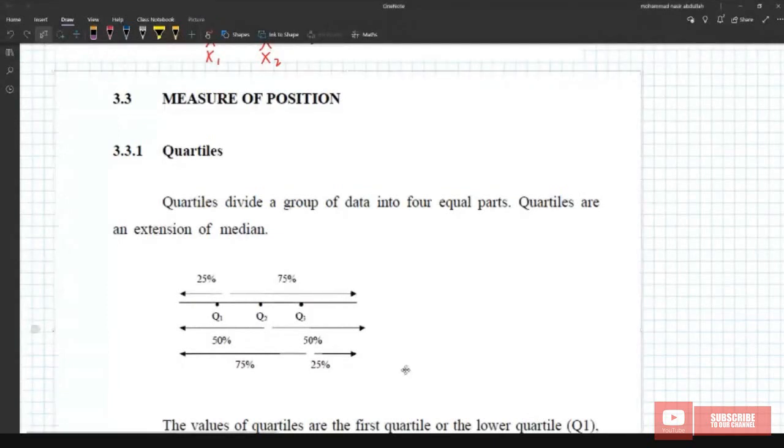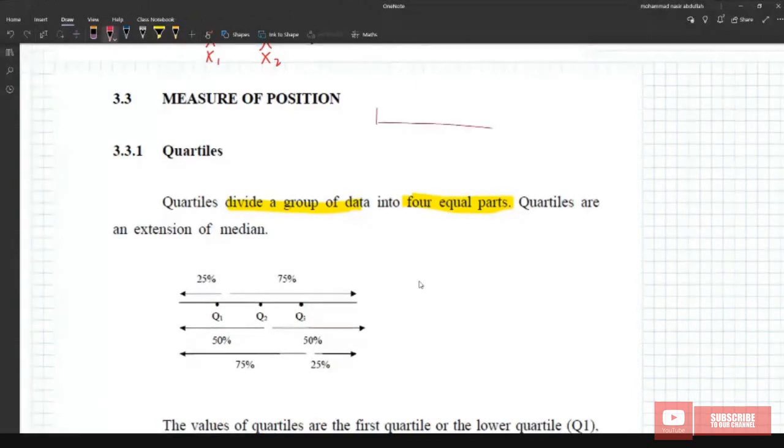If you look at this one, quartile divides a group of data into 4 equal parts. If you remember median, we divide data into 2 equal parts, based on the middle value.